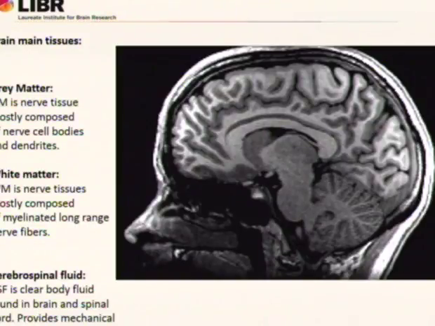And also there is actually liquid in the brain. It's cerebrospinal fluid. On this image, it appears as a dark void space, but it's not void, it's filled with liquid. So you see it here, you see it here, you see it here. It actually has a very important role. It's essentially like protection, because when we get hit, it's a mechanical protection, so it helps protect the brain from damage, and also provides immunological protection.